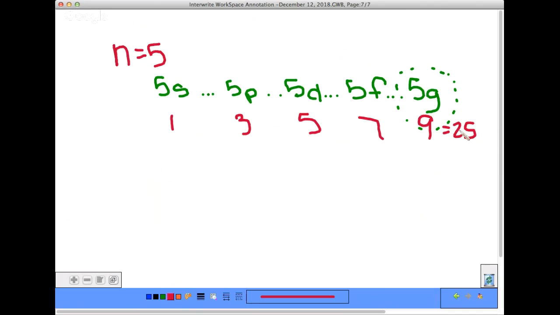And then since that's 25 orbitals, we can have 2 electrons filling each, which would be a total of 50 electrons. So again, this is hypothetical because this is not currently on our periodic table. We don't know much about this. We don't have an atom that has electrons this far out, but we could hypothetically have something like that.